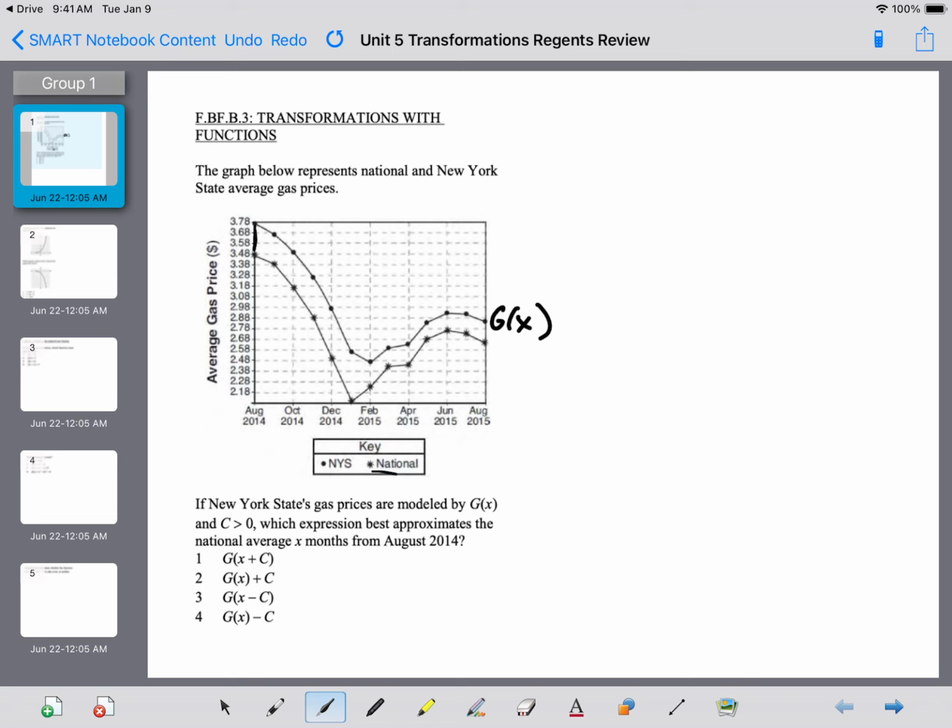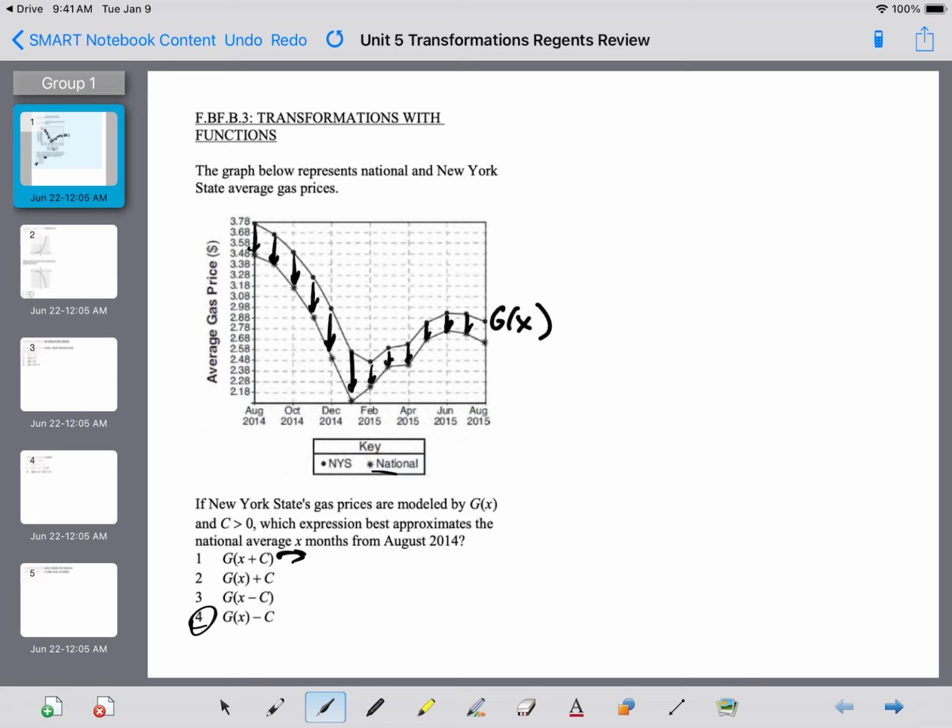It looks like it's going down, right? So it's going down by c. If it's going down, that would be g of x minus c. Which transformation would this be?